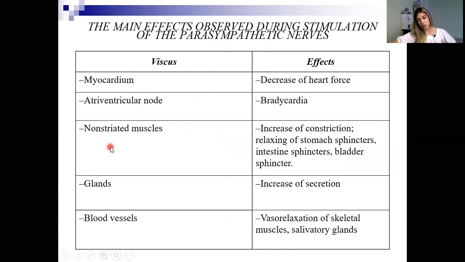In smooth muscles, non-striated muscles, we have the increase of contraction, relaxing of the sphincters. By the way, pay attention that the smooth muscles will contract, but sphincters will not. Well, in the glands, we have stimulation of secretion, and in blood vessels, we have vasorelaxation.